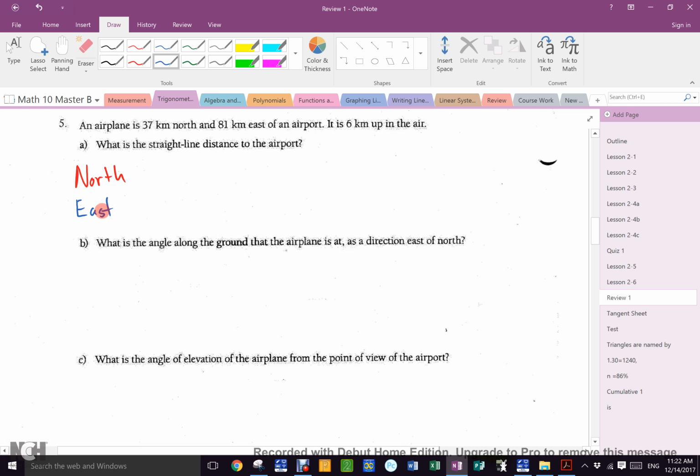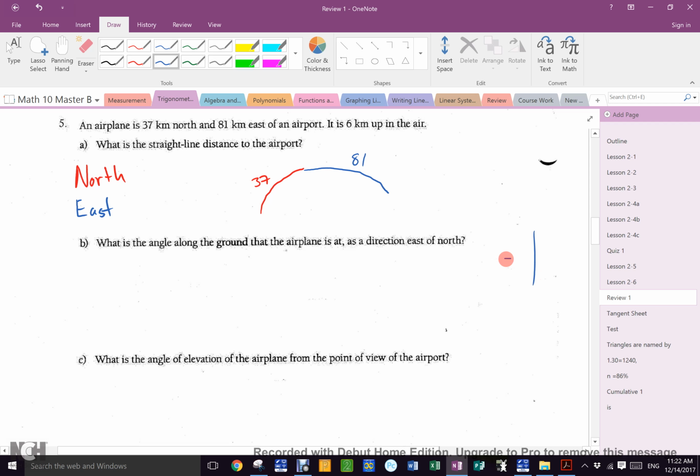Is everybody cool with that? So, on the ground, I'm going to go north, and I'm going to draw it curvy because it's on the surface of the earth. North was 37, and then I went east, curvy again because it's on the surface of the earth, 81, correct? Everybody with me?